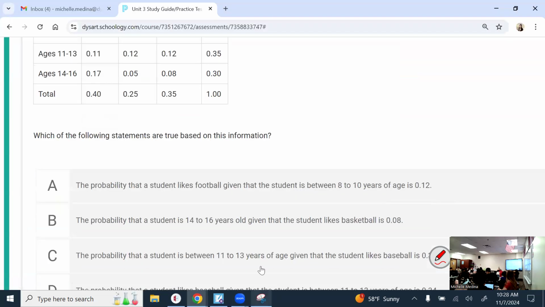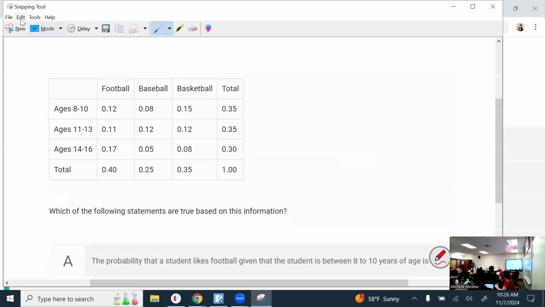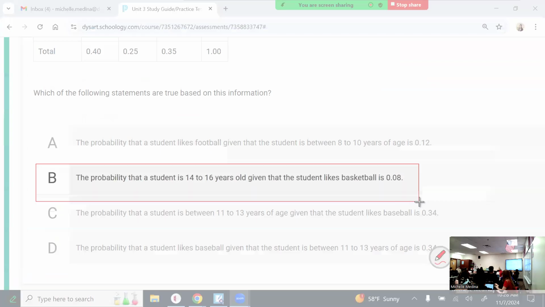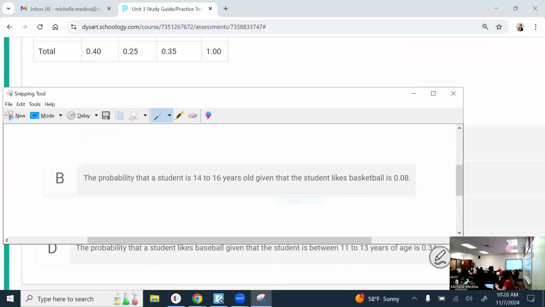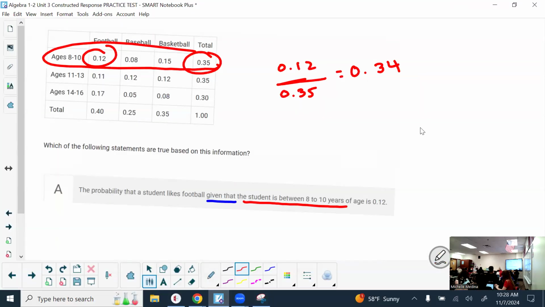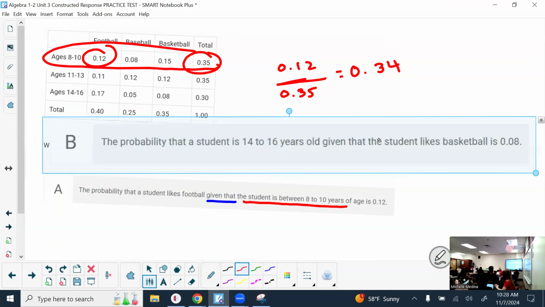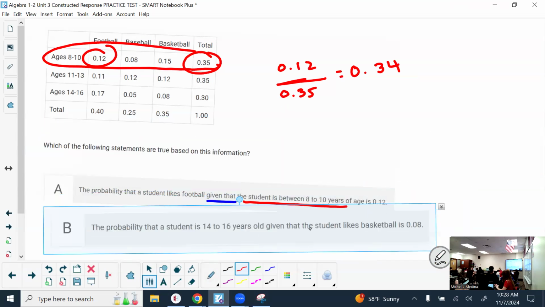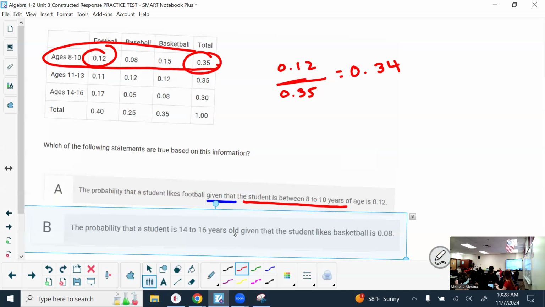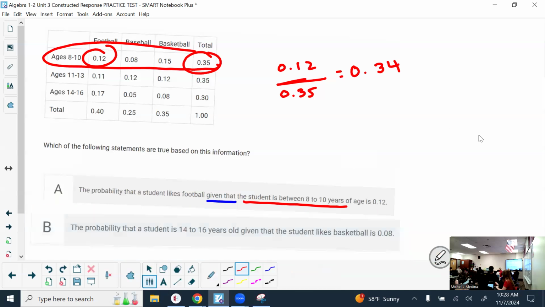Let's see if I have time for a couple of these others. I think I might only have time for one more, and then you could test out the others yourself now that I helped you. Okay, so the probability that a student is 14 to 16 years old, given that the student likes basketball, whatever follows this phrase is going to be my denominator.